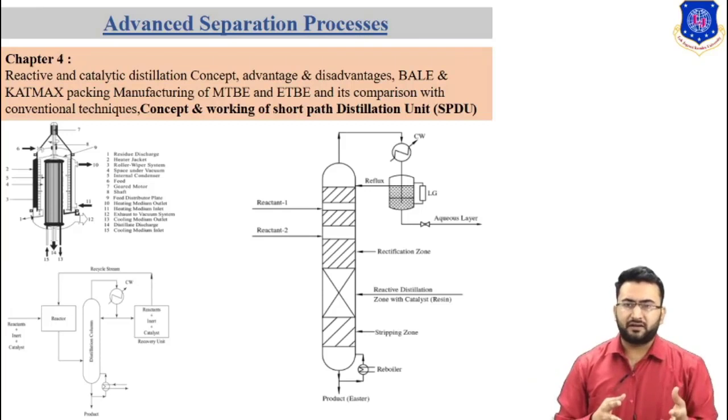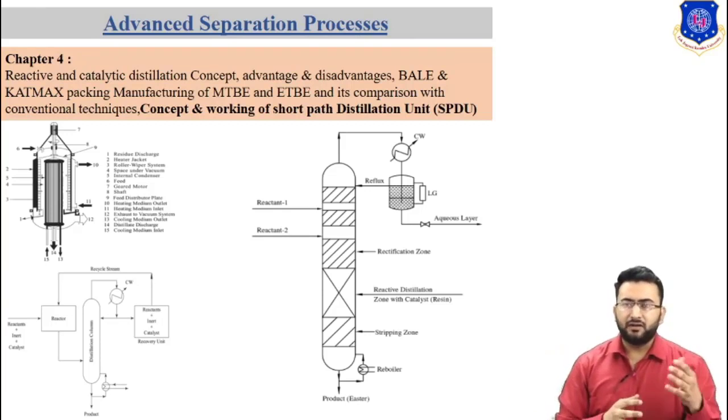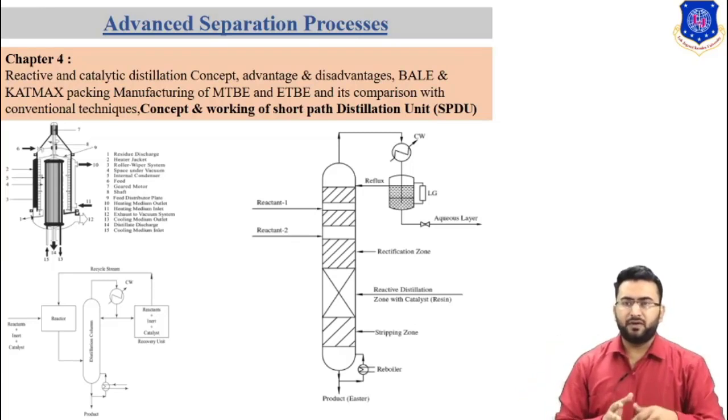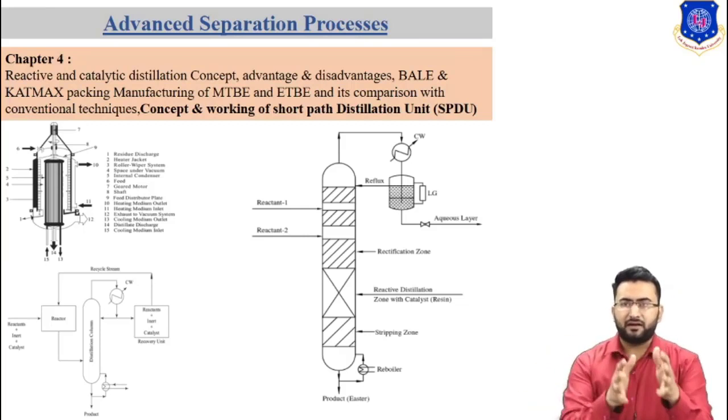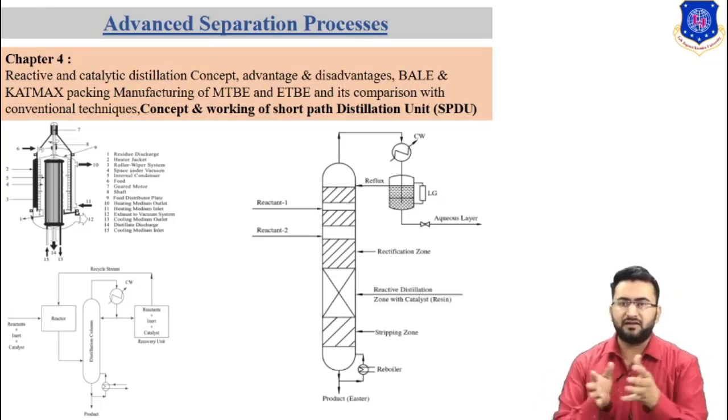In the conventional technique, we require a reactor, and then we have to separate the components, unreacted reactant and product, with distillation. But if we replace this reactor and distillation column with a reactive catalytic distillation column, we require only one column. So this problem is overcome by the reactive catalytic distillation column, in which reaction and separation both occur in one unit.